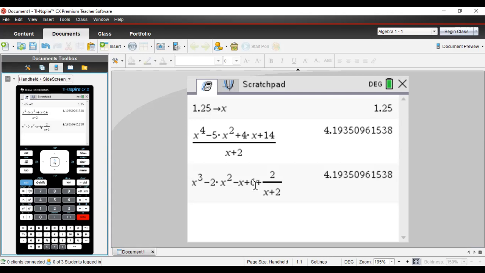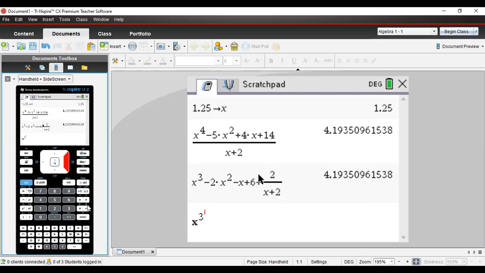I'm going to go ahead and show you that if you tried the second one, it wouldn't match. So okay, I just want to show you this. So x to the third power, x to the third, boom.